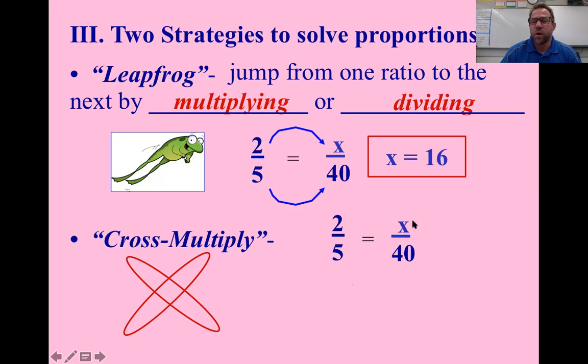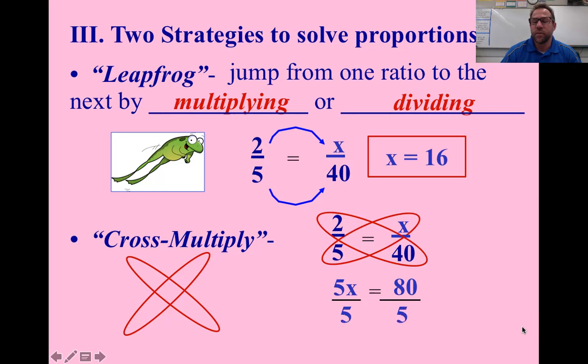So I'm going to cross multiply, going across the equation. 5 times X is 5X, and then 2 times 40 is 80. Now I'm going to solve this little mini equation, so I'm going to divide by 5.